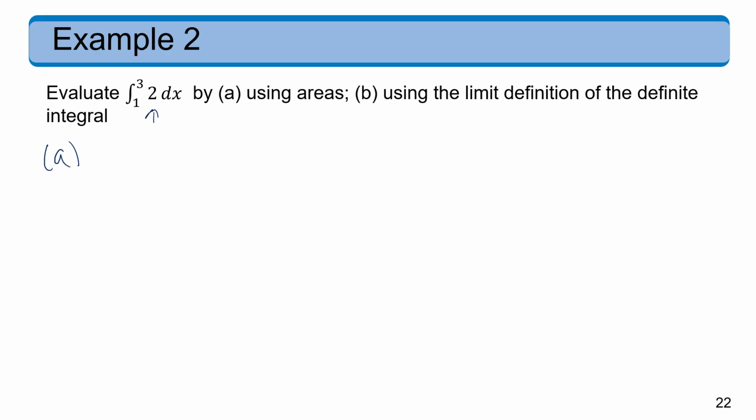So here we can see f of x equals 2, a very simple function. So in part A, we want to graph that function, which of course is just a horizontal line at height 2 on the y-axis. So here is this line. This is our f of x.